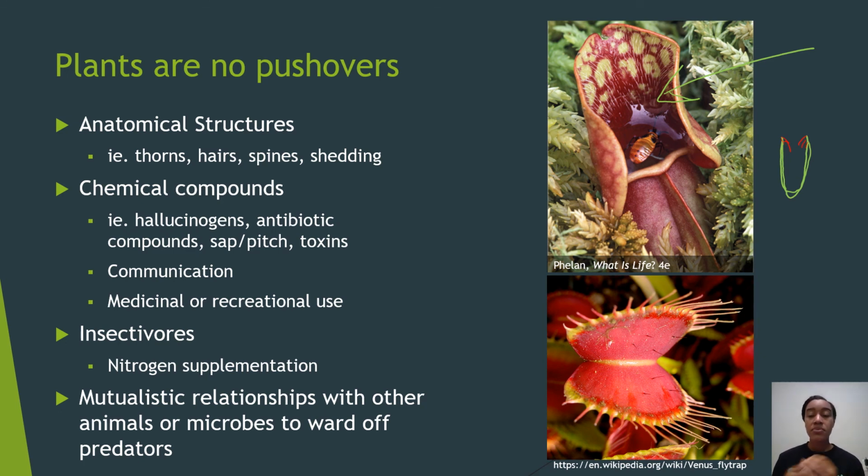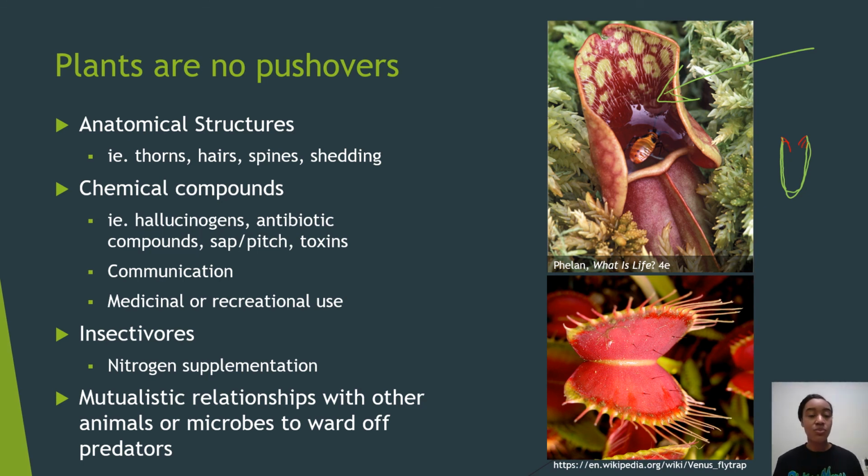So some plants will have a relationship with various ants or other insects, so that if a predator comes along and wants to eat that plant, the organism that they're interacting with mutually will help to protect them.